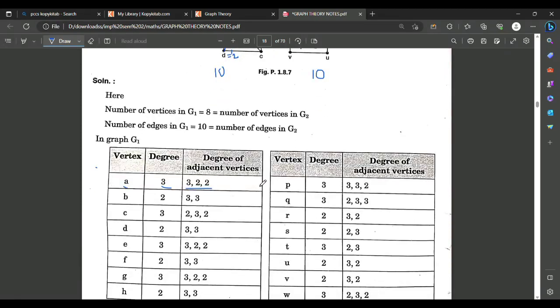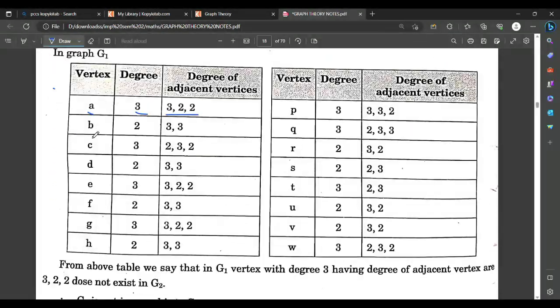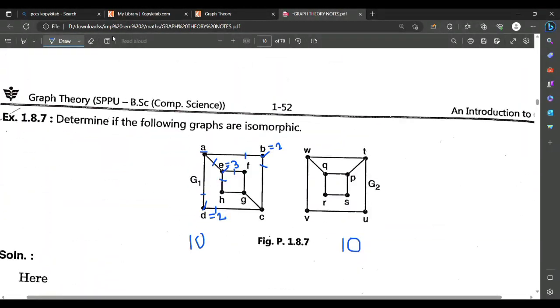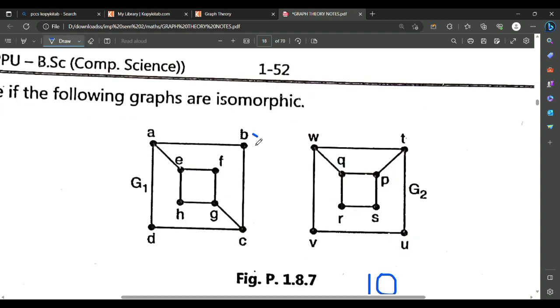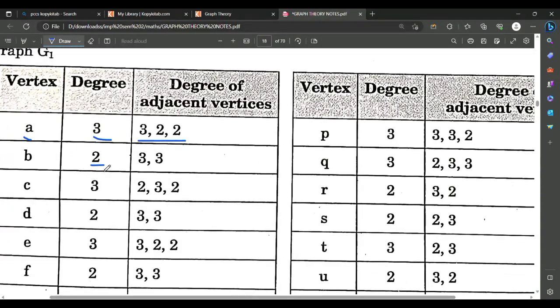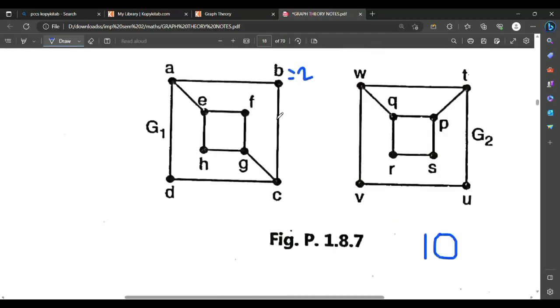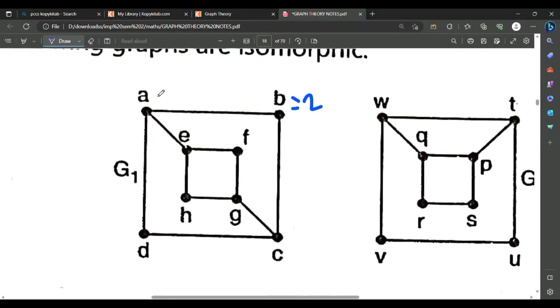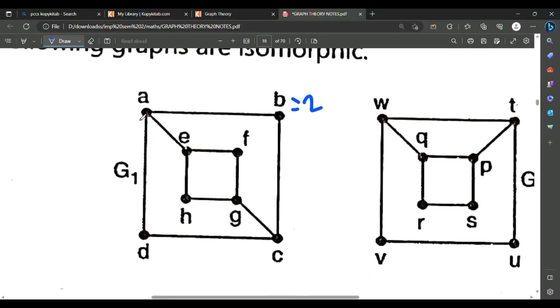Now we will go for B. Similarly, we have just found out that the degree of B is 2. We will write it here as it is. Now B has its adjacent vertices as A and C. Now we will find their degrees.